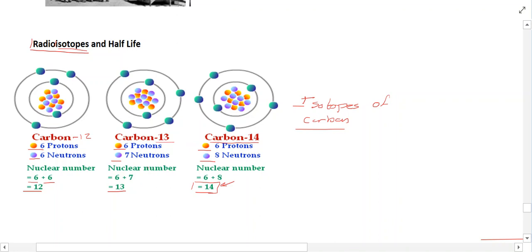Carbon 13, the 13 is the mass number. And carbon 12, the mass number is 12. The only thing that's varying in each of these in relation to the nucleus of the atom is the number of neutrons that are present. And that's very key.